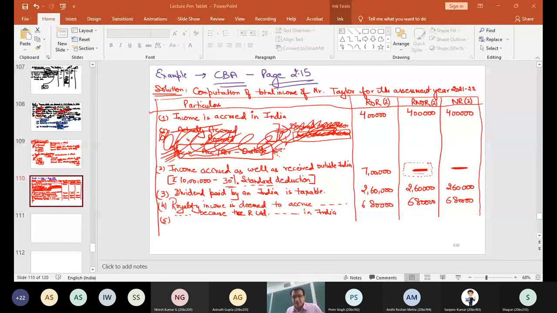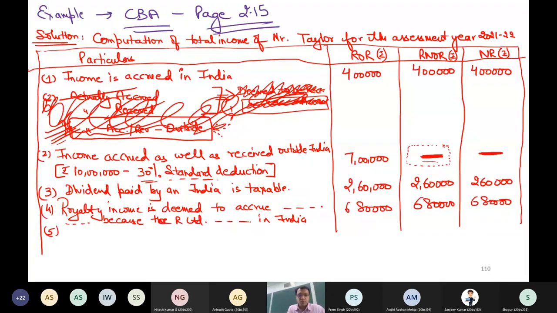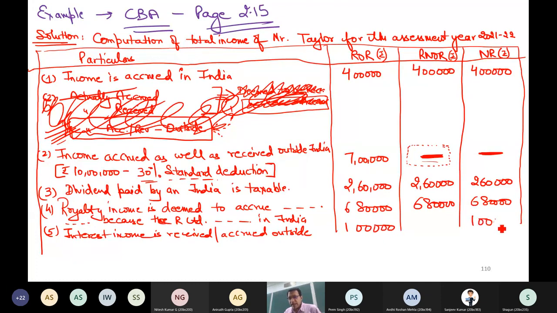I will tax this amount for ROR, because for ROR it is sure that this interest income is received as well as accrued outside India. So it is taxable for ROR. It is not taxable for NR.